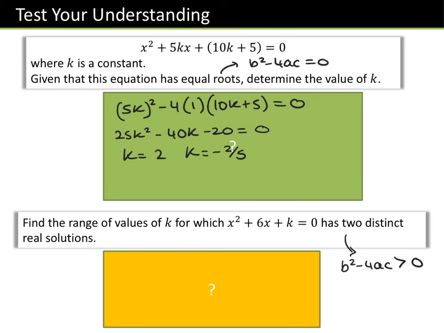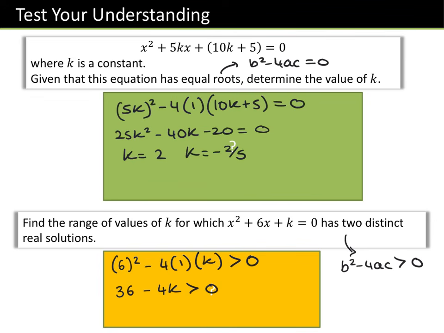Okay. My b is in fact 6 squared minus 4 lots of a, which is 1, lots of c, which in this case is k. That is greater than 0. Okay? So I'm going to get 36 minus 4k is greater than 0.